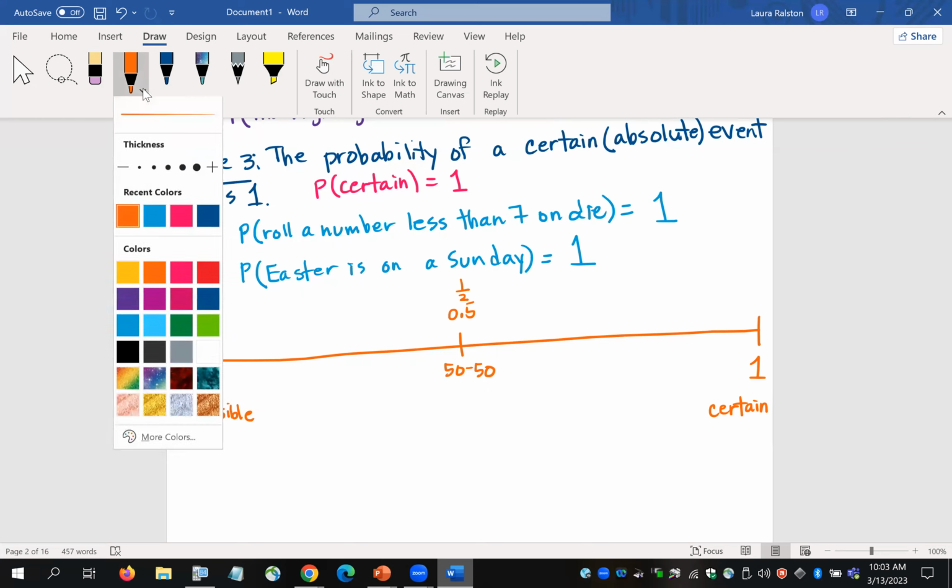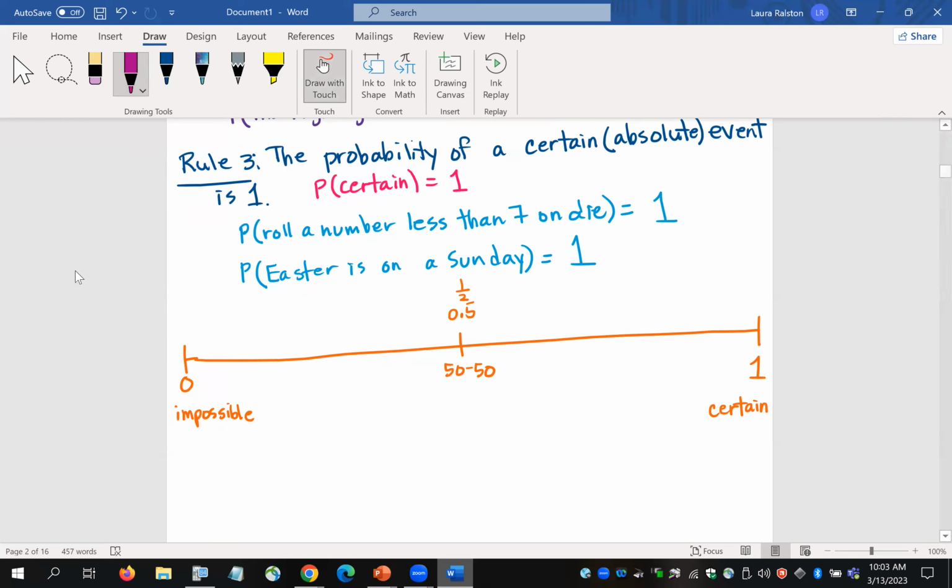So thinking about that as a scale, as you move from the impossible, if you're close to zero, your event is less likely. But as you move away from zero and move towards one, your event becomes more likely.